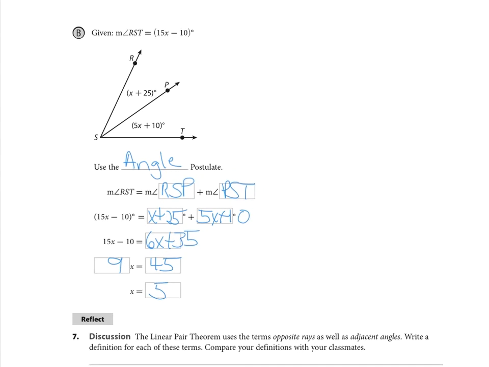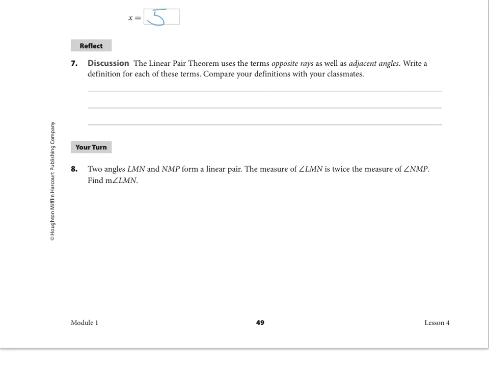So a little further down the page here, I want you guys to do this your turn, number 8. Make sure your two angles LMN and NMP have a diagram that is going to form a linear pair. So look back at the top of page 48 if you're not sure what that linear pair diagram should look like.